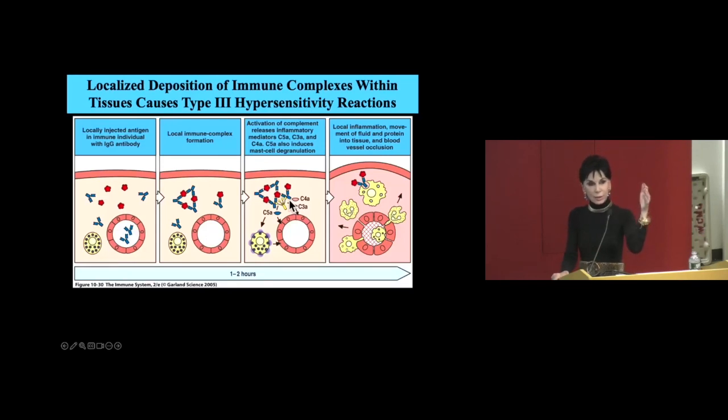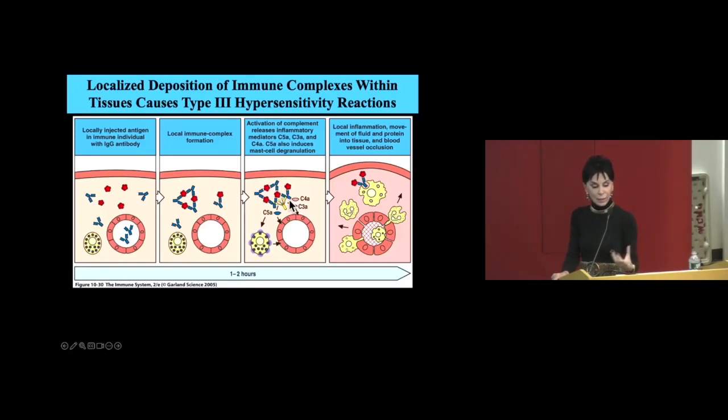You can trigger the classic complement pathway with an antibody bound to a cell or an antibody bound to basement membrane zone, as we saw with lupus and bullous pemphigoid, but also you can trigger classic complement pathway activation with an immune complex.